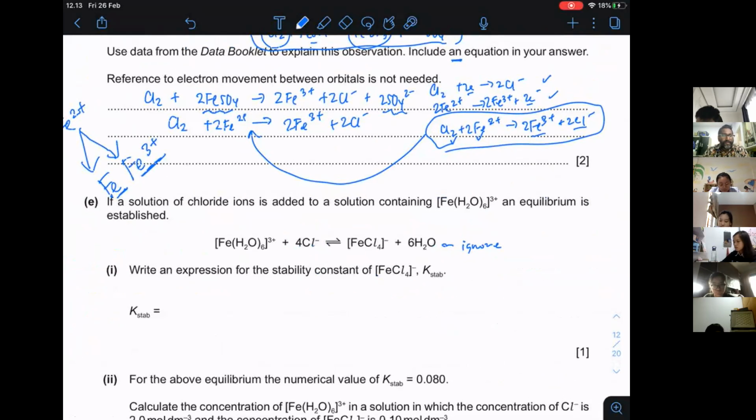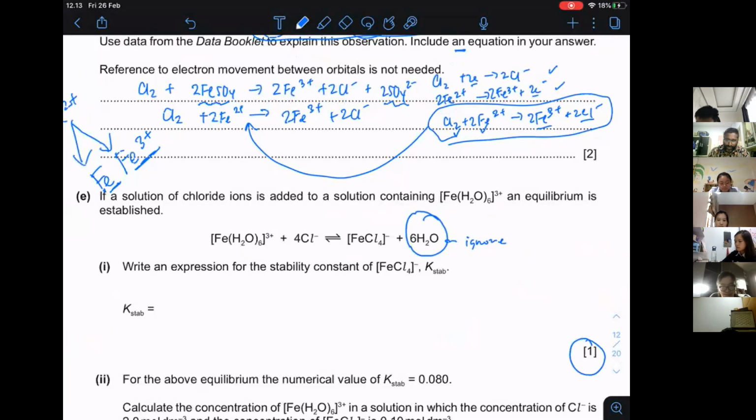Okay, fine. So if a solution of chloride ion is added, equilibrium is going to be established. Write an expression of the stability constant. A very important thing is to ignore the water. Water is constant, so ignore the water.